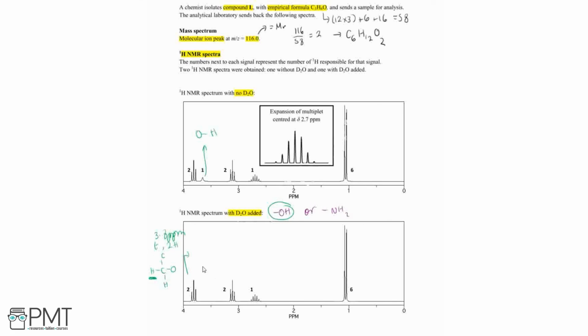So that's going to be our first look. And now if we take a little look at the splitting, we can see that we've got a triplet. And from the n+1 rule, we know that n represents the number of different hydrogens bonded to the adjacent carbon there.